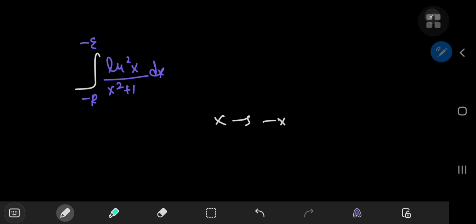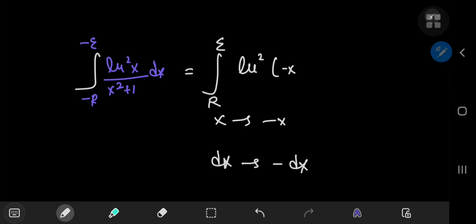So under this transformation, dx goes to negative dx, and the signs of the limits of integration are just flipped because of an extra negative sign. So you're integrating from r to epsilon the square of the natural log of negative x divided by x squared plus 1 times negative dx.